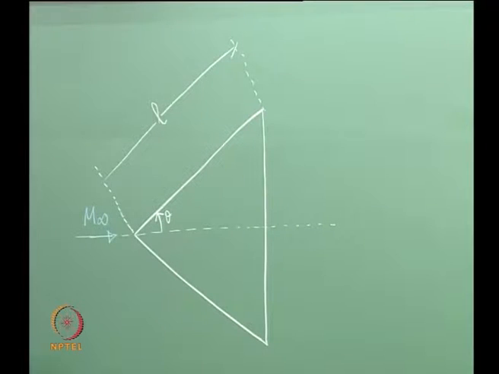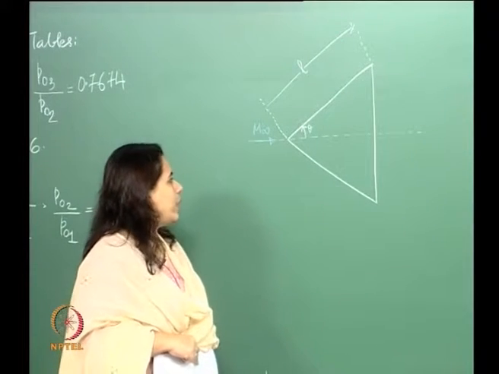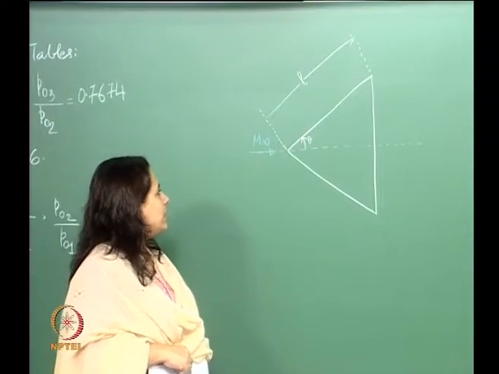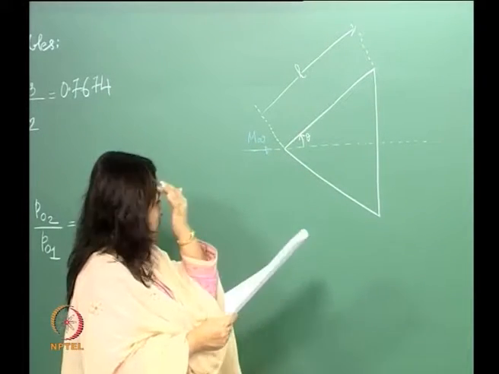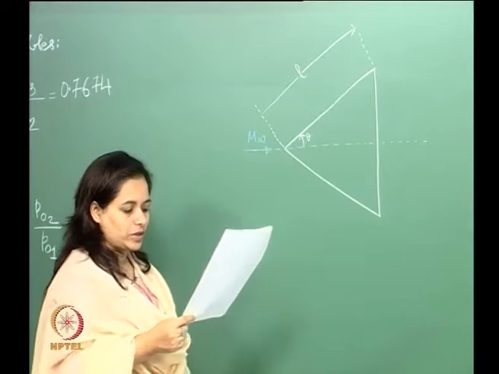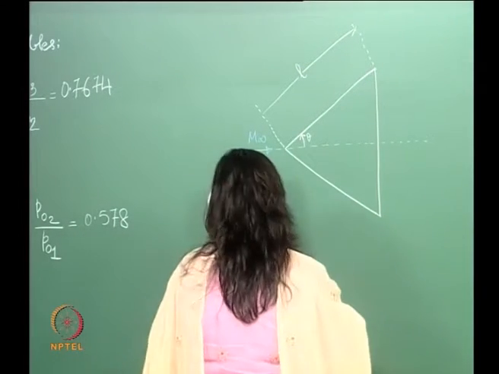So basically we have a wedge like this. The Mach number is given, the theta is given. What we need to calculate is the drag coefficient for this wedge, and something else is also given.